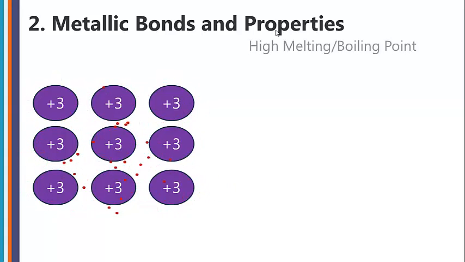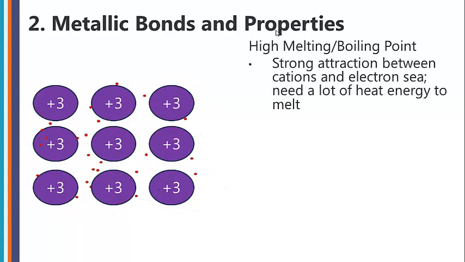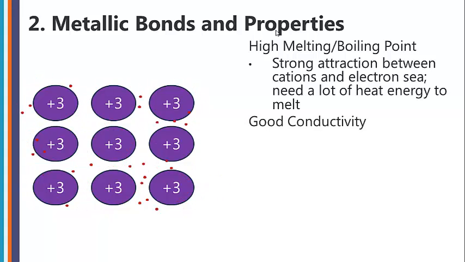This structure explains the properties of metallic bonds. Metals have high melting and boiling points because of the strong attraction between these cations, the +3 charges, and the electron sea. So I need a lot of heat energy to break up those attractions and melt the metal. Metals have good conductivity.